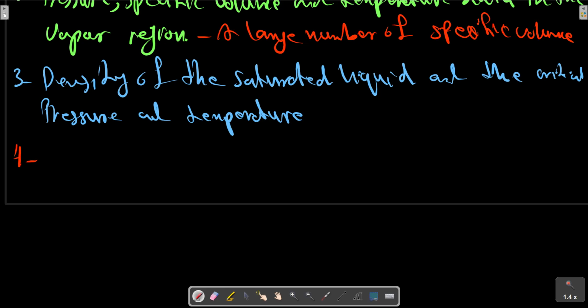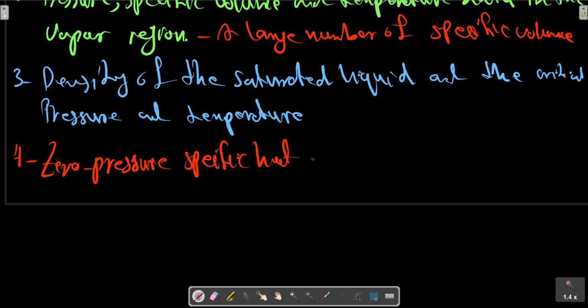Zero pressure specific heat for the vapor. This may be obtained either calorimetrically or from spectroscopic data and statistical thermodynamics.